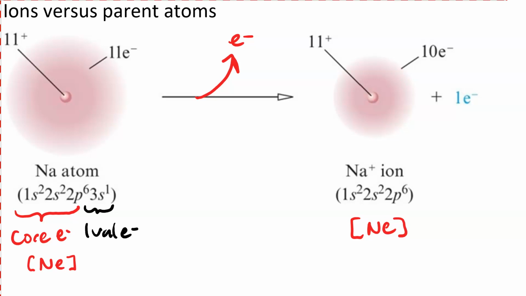The reason that the Na+ ion is smaller is it has fewer electrons, so those electrons repel each other, but if there are fewer of them, they don't repel as strongly as the 11 electrons that you have in the neutral atom. So the cation is smaller because there is a lower electron-electron repulsion.